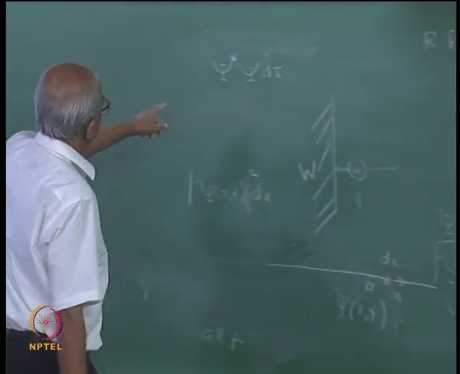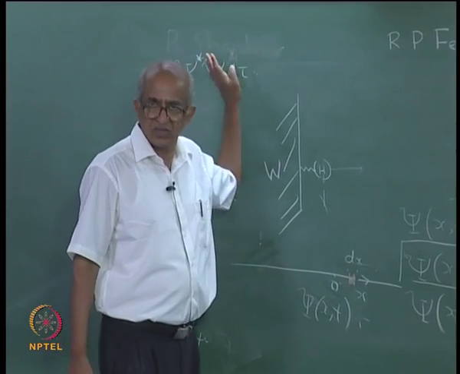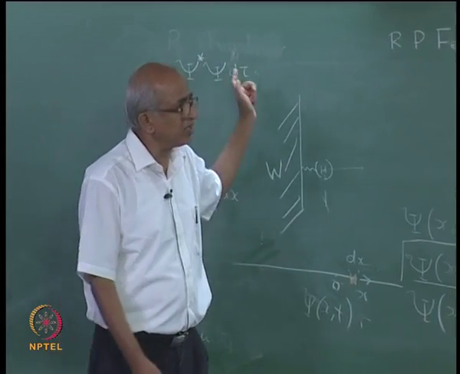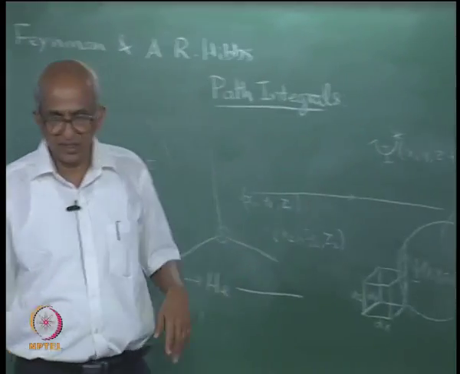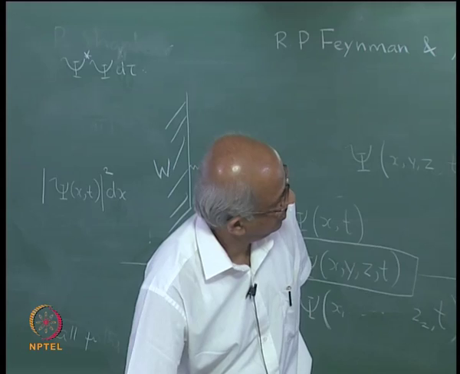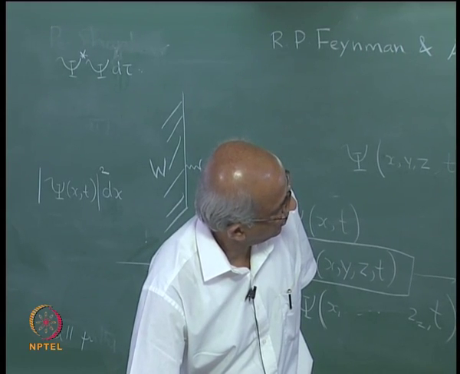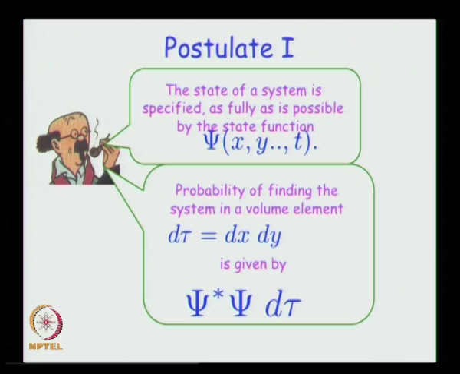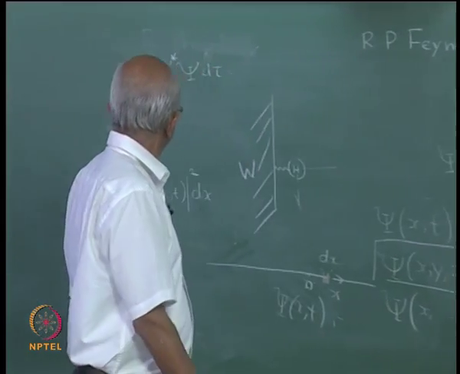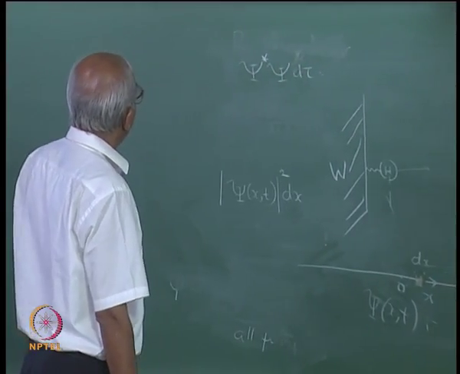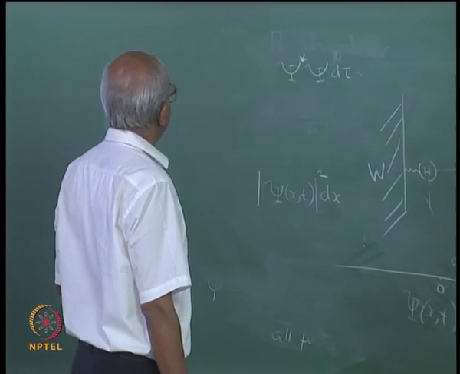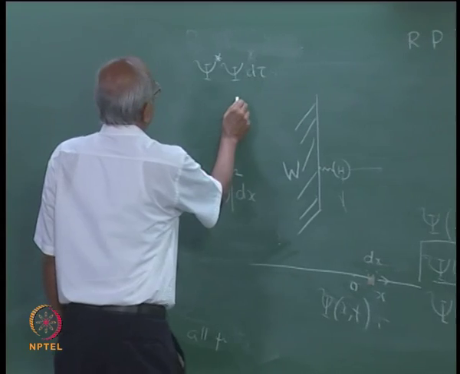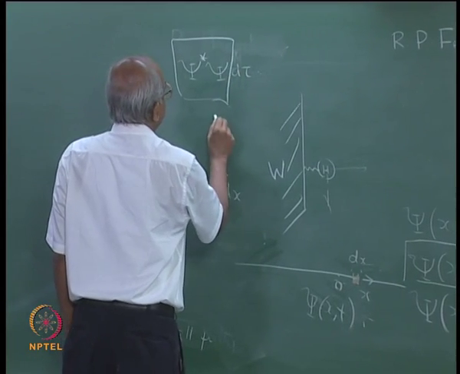So, psi star psi into d tau is going to be the probability, where d tau is actually dx into dy into dz, and if you have 10 variables there, it is a product of all of them. And so, again it is natural to refer to this as probability density.